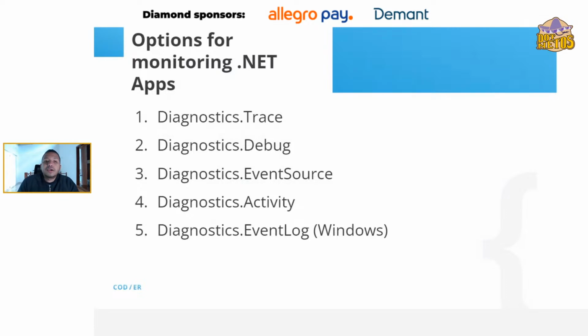With EventSource and Activity, we can get more information about how the components internally in the application are interacting. And we also have EventLog, a very useful diagnostic tool for monitoring, especially for desktop applications, console applications, or in general applications that are running in Windows, because this feature is only available for Windows. So we can see we have some options here, but we also need to take into account some disadvantages of using this. We will see this in the next slides.